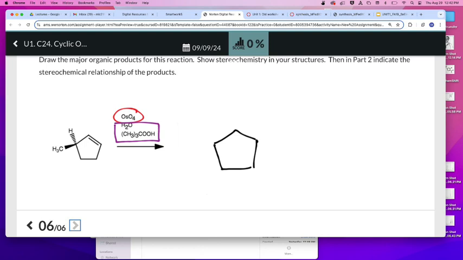And what's going to happen is we're going to get a new bond to my osmium tetroxide. With gross things, don't we break it? Or isn't that the whole point of this?